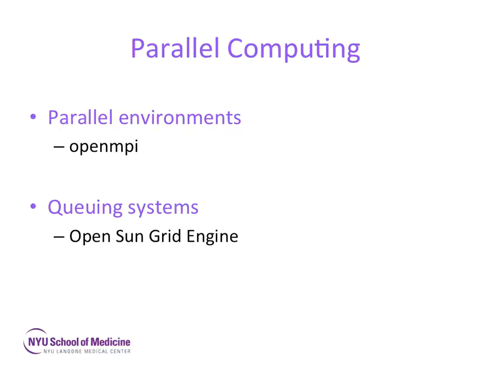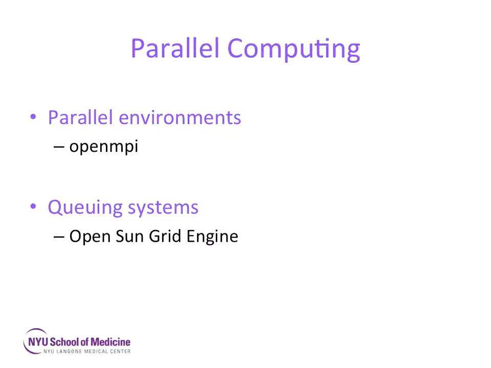So we saw that we have a cluster with God knows how many nodes on it, and you want to run your job. If you want to utilize a cluster properly, you would use your code in a parallel environment.